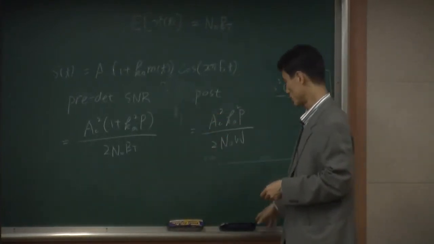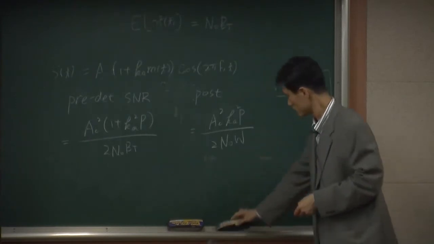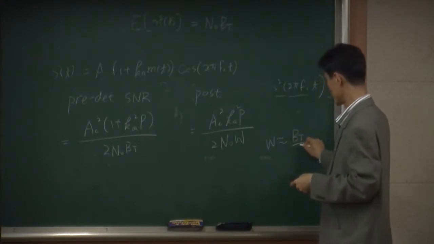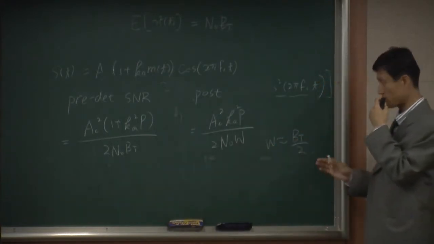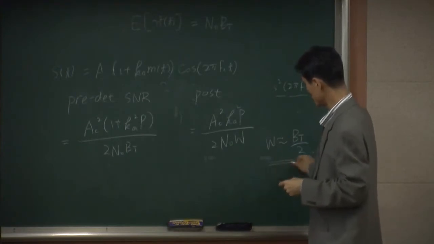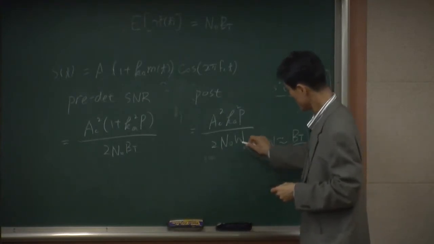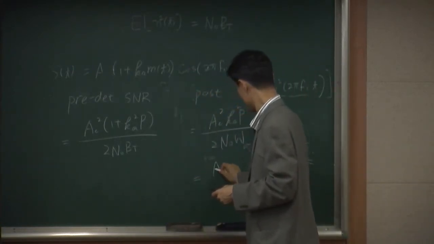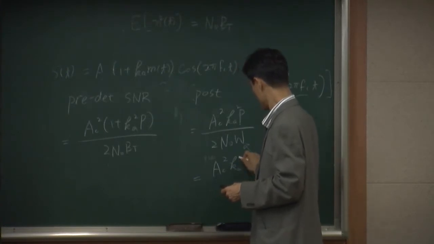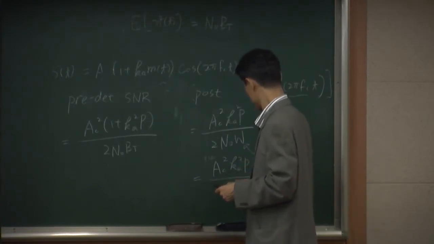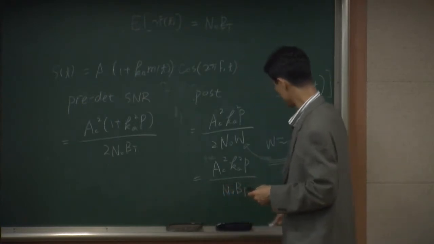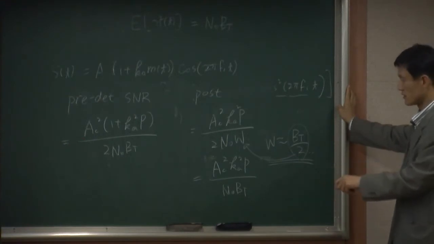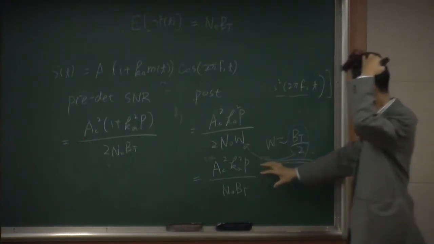So if you compare these two, now let's assume that W is almost the same as BT over 2, because this W depends on the filter. Now, if you assume this, we can put this one in here, right? Then, if you do that, now it's going to be this, right? So we can compare this as a pre-detection SNR. This one is a post-detection SNR.